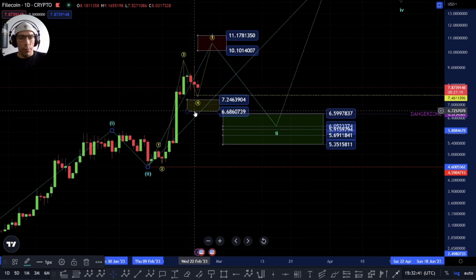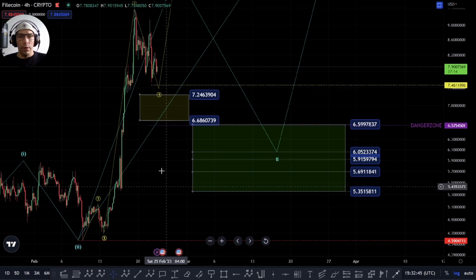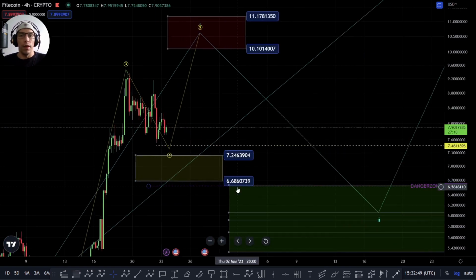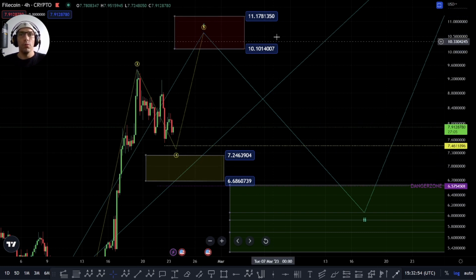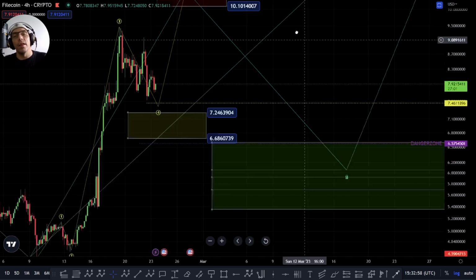So if we come down into smaller time frames and go over this, effectively what we'd need to do is hold this 724 to the 668 area. If we hold this zone, then we can have this rally to the upside, and the zone we'd be looking to target would be this 1117 to this 1010 area.